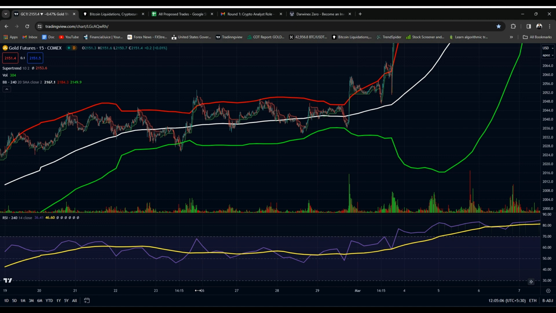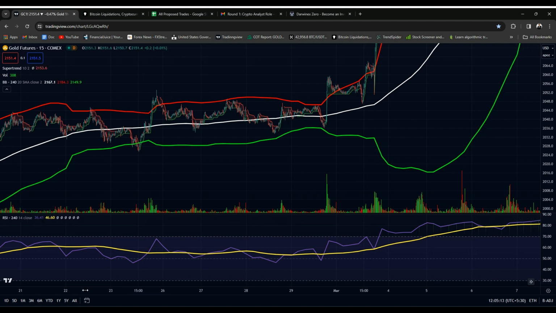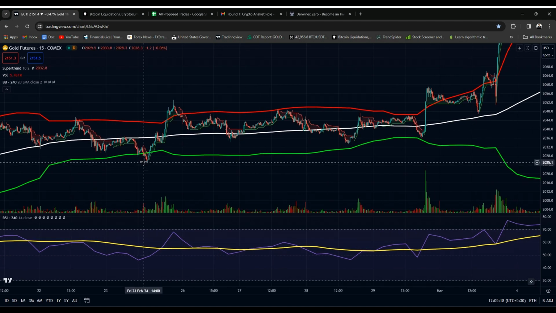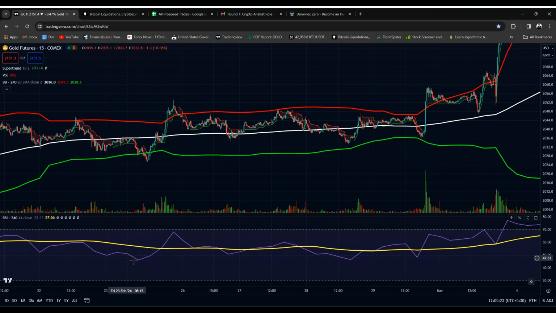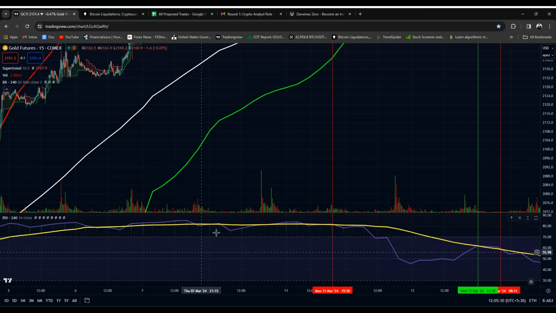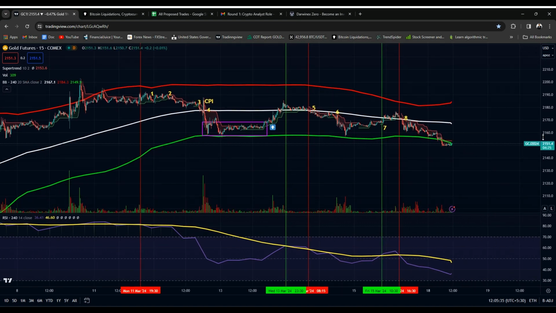For example, if it is happening here, we don't need to trade that short even if the RSI is negative. Still, we don't need those kinds of trades. Other than that, it's pretty simple.